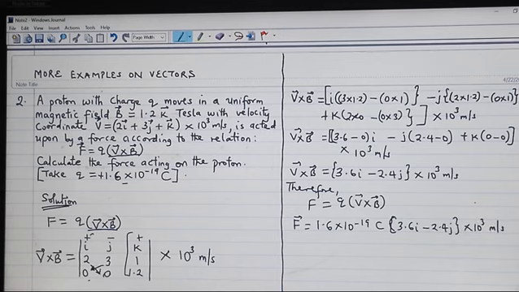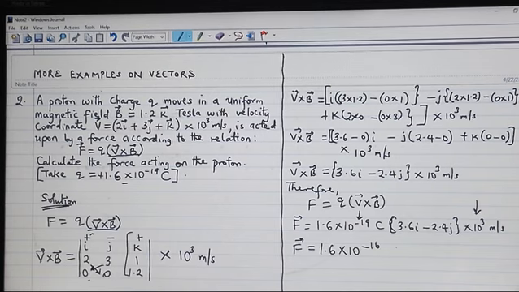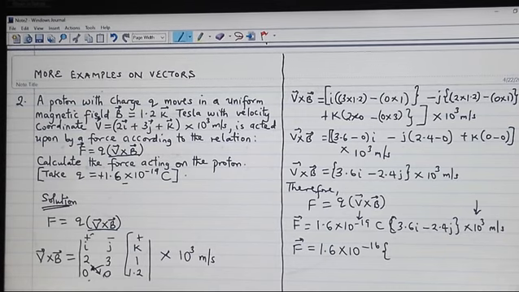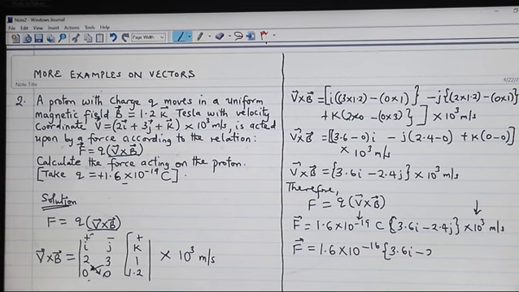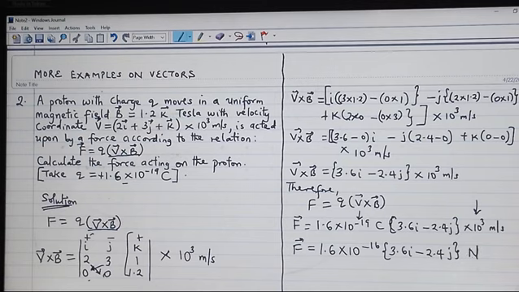As you can see, this is a scalar and this is also a scalar. So we can multiply both of them so that our F finally gives us 1.6 times 10 raised to the power minus 16 into (3.6i minus 2.4j), all in Newton. So this is the force acting on the proton.